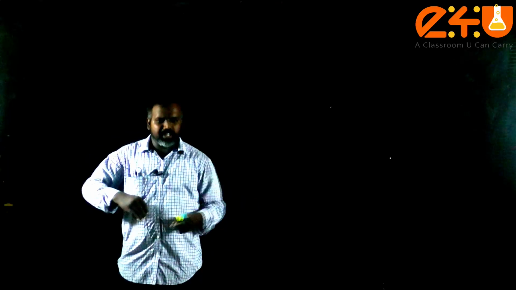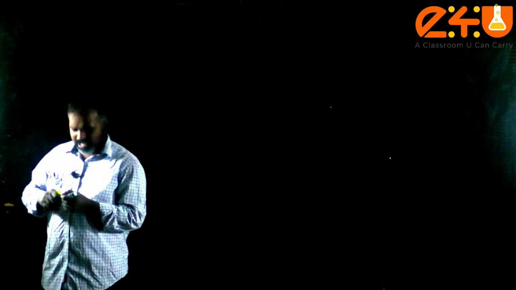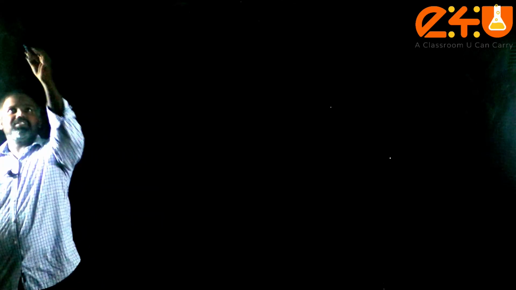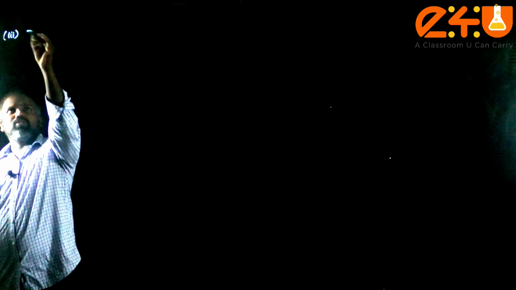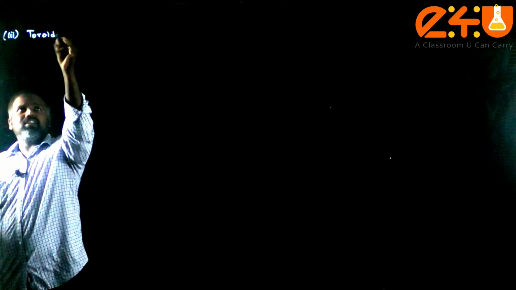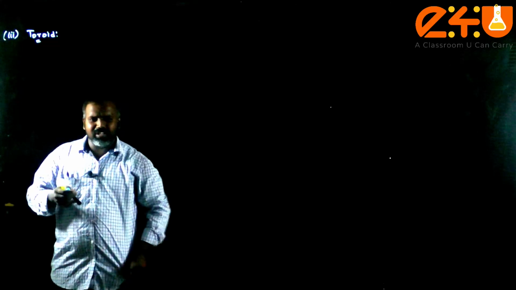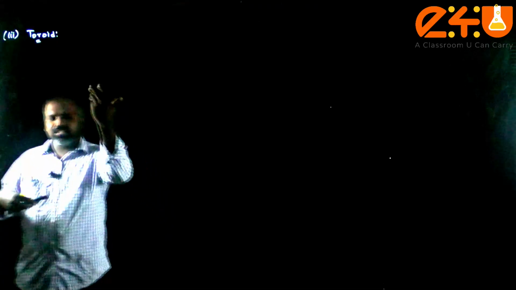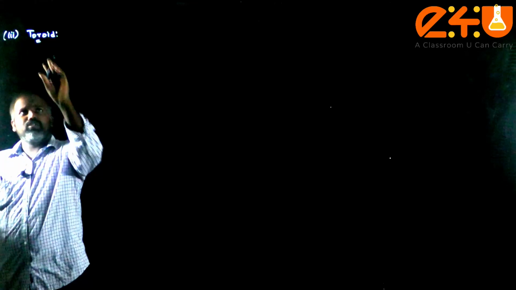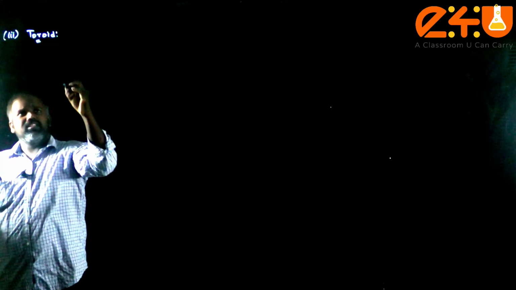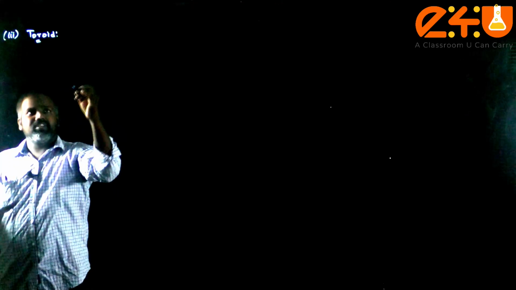So that is the second application of the Biot Savart's law. Now the third one is the toroid. Since we may see that it may not be asked, but this is a very important application, and we must know it for MCQs. A toroid is nothing but a closed circular shape form of a solenoid.